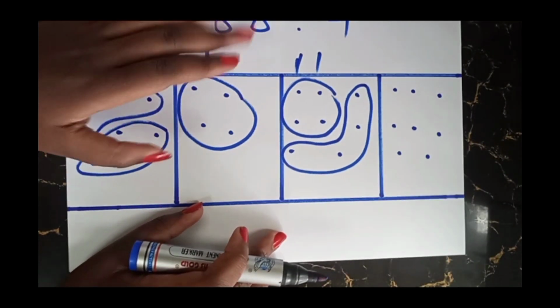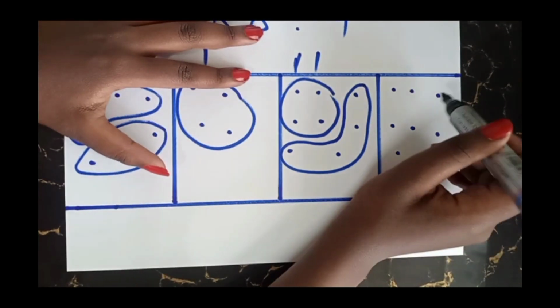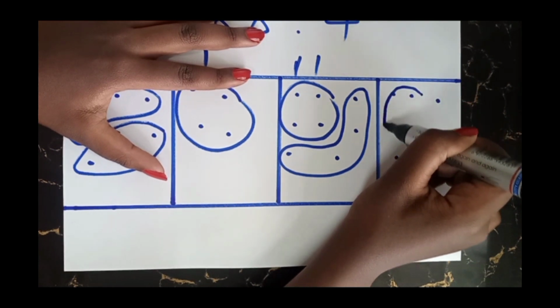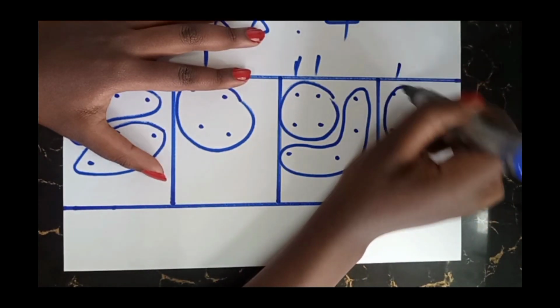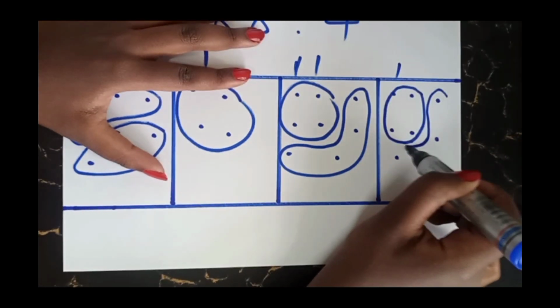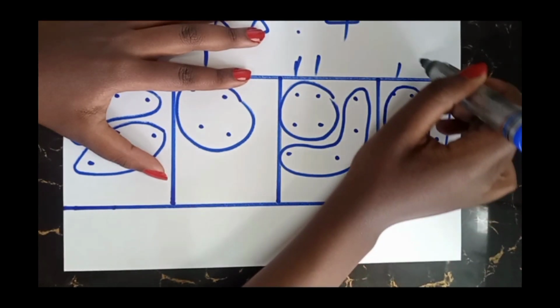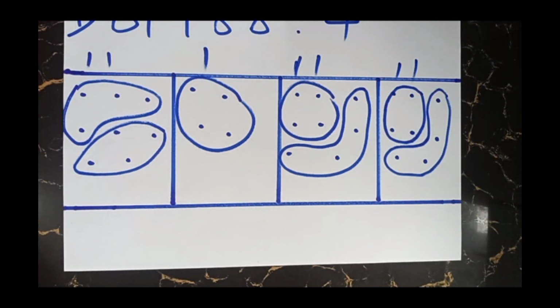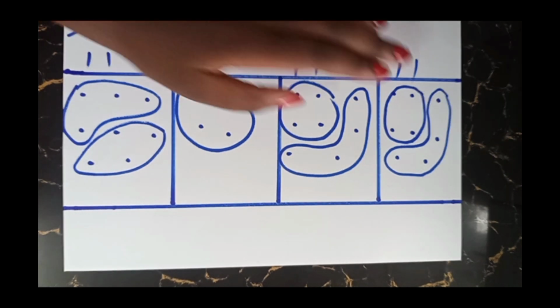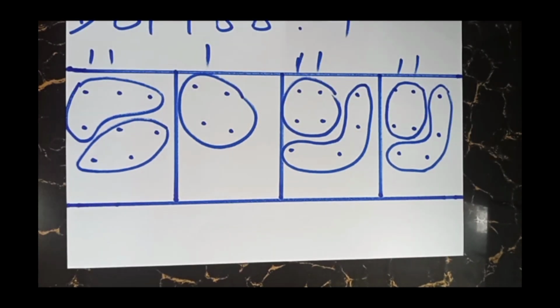And for this, same thing, how many groups of 4 do we have? So this is one group of 4, so you'll write 1 here. And this is another group of 4. Are we together? So here we also have 2 groups of 4.